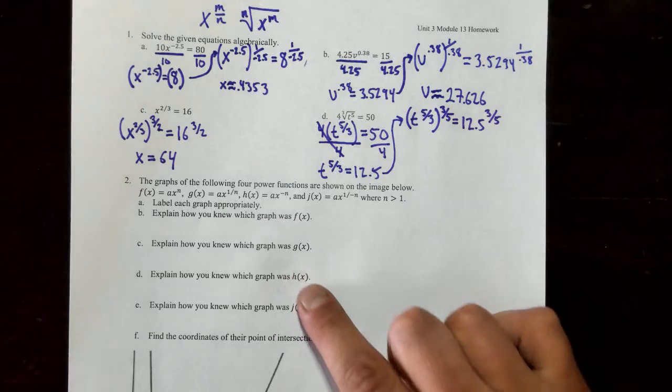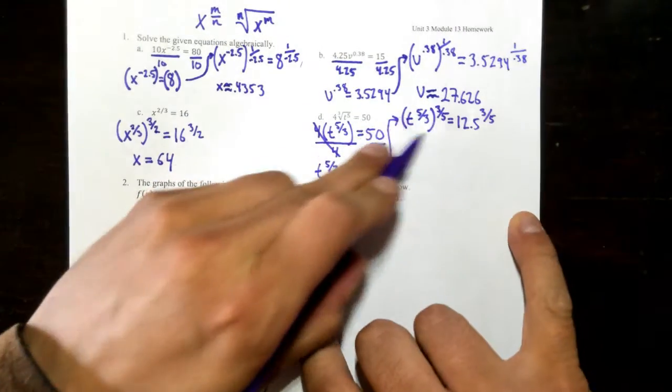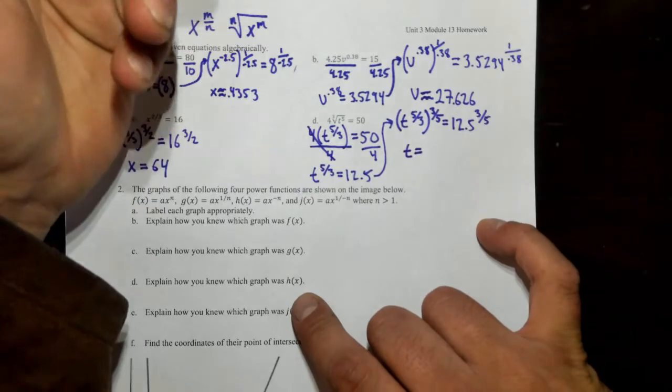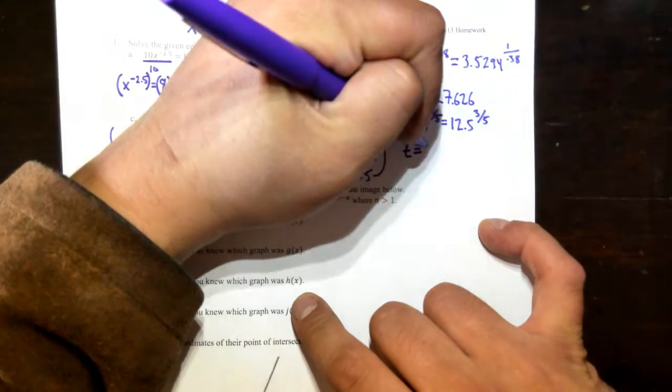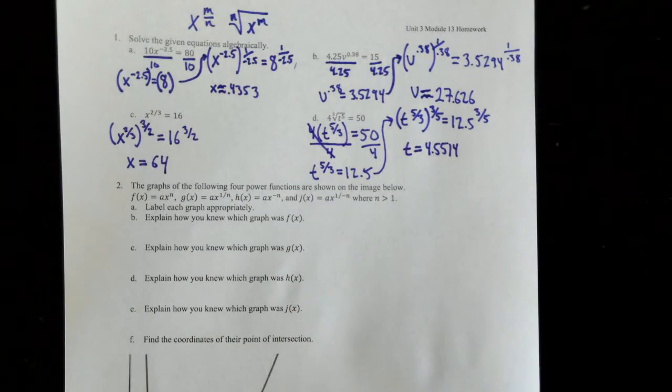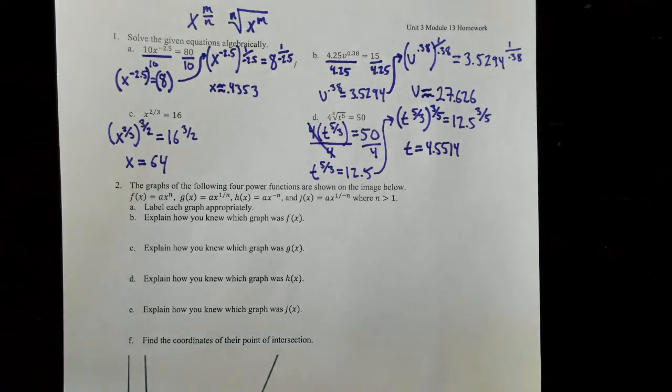Remember, what I do to one side, I must do to the other side. So this on the left is just going to give me t. And then 12.5 to the 3/5 power is going to be 4.5514.